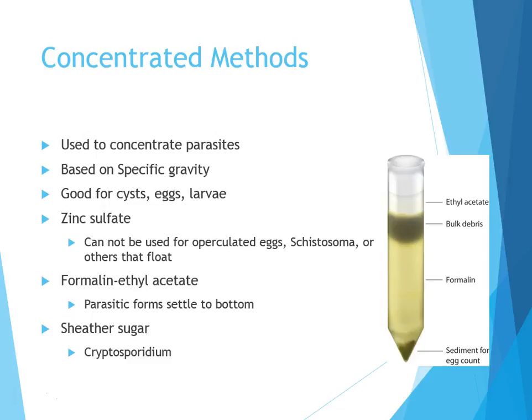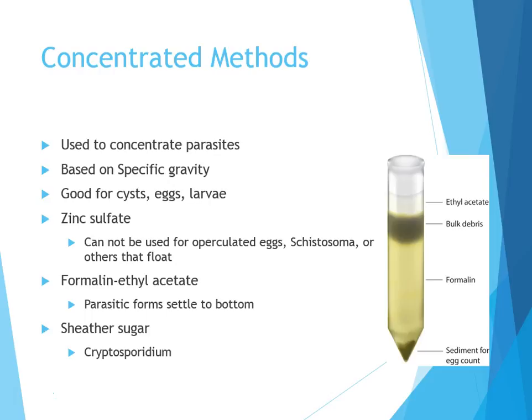Okay, concentrated methods. Since parasites can be rather rare in the specimen, there are some concentration procedures that can be done so that we can see them if they're there. All of these are based on specific gravity.